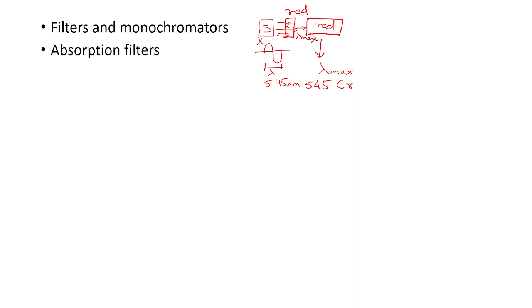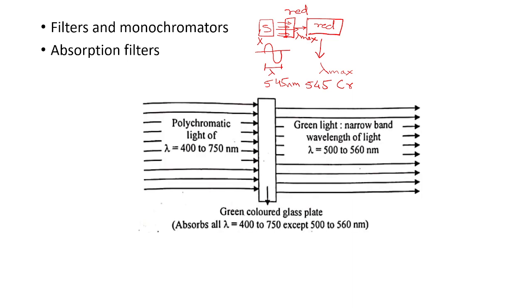These absorption filters work by selective absorption of unwanted wavelengths. Means if you take a green colored paper, obviously other colored light will get absorbed, only green light will be passed further. Okay, so that is the absorption filter. For example, look here, this is a green colored glass plate.